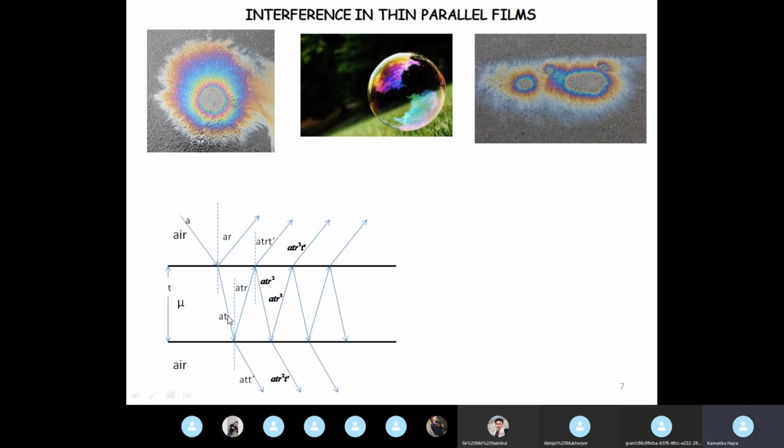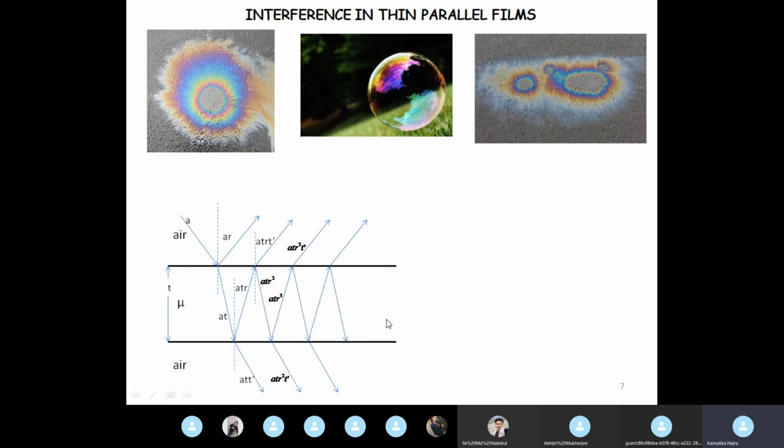Now this transmitted ray again gets reflected, so the new amplitude of this ray is ATR, and the transmitted ray is ATT'. Again this ray gets reflected, so ATR multiplied by R, ATR squared, and this transmitted ray is ATR T'. ATR again gets reflected, so ATR into R, ATR cubed, and the transmitted ray is ATR squared T', and so on.